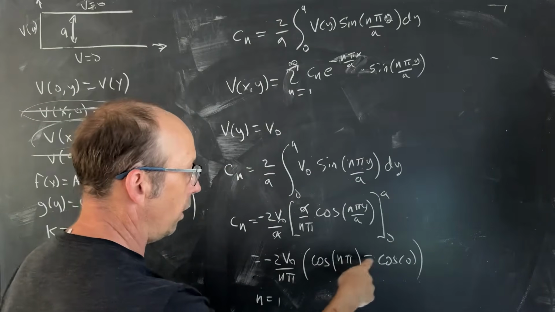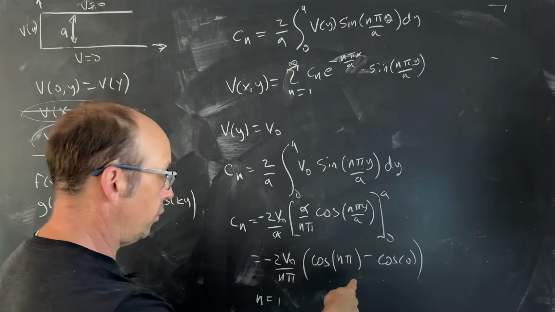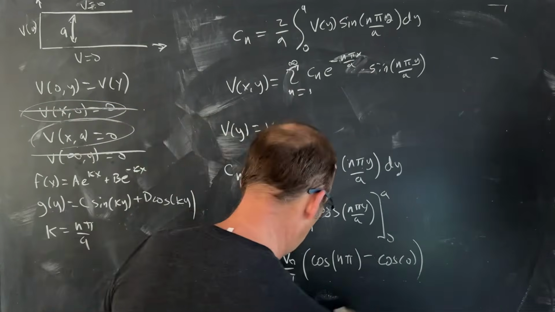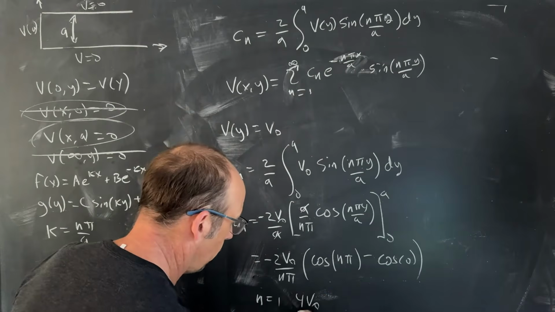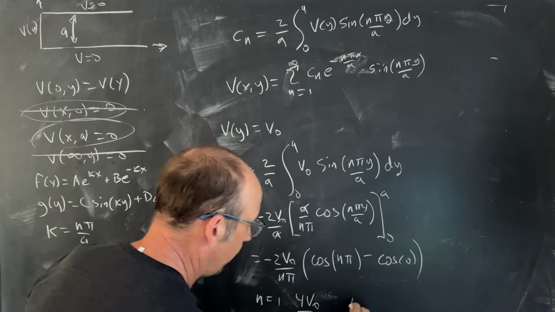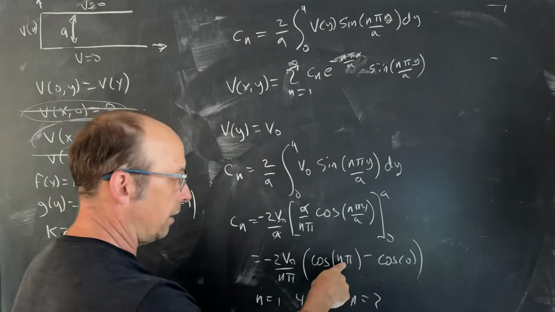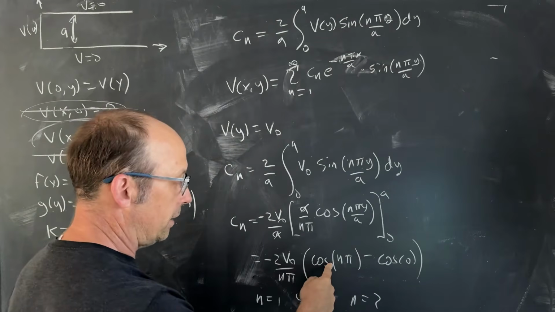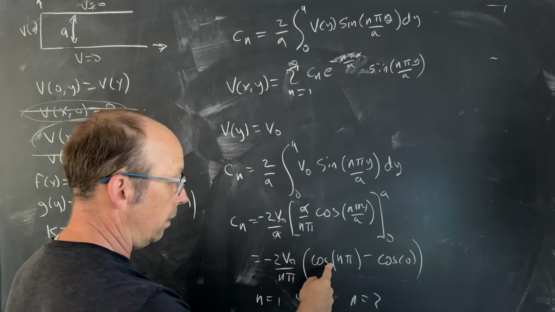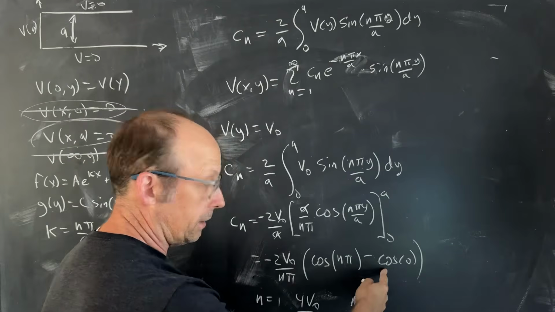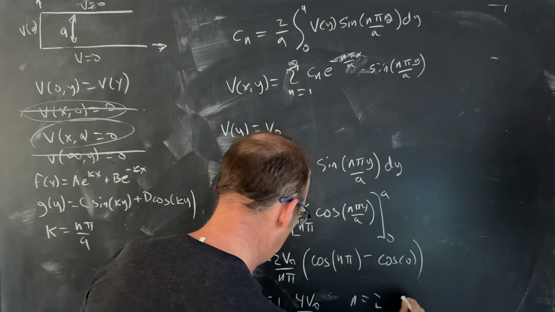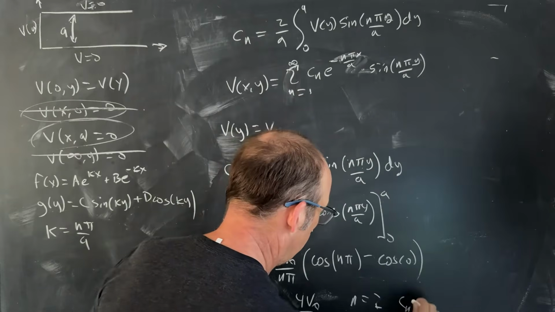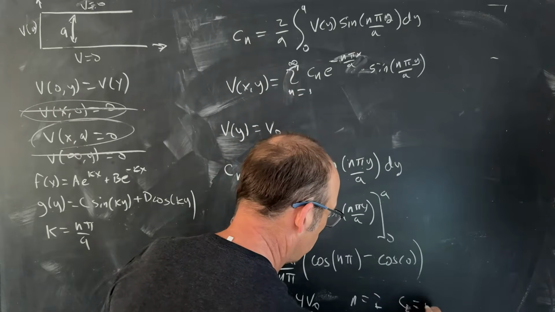So I get negative 1 minus 1, so it's negative 2. So if n equals 1, I get 4 V0 over n pi. If n equals 2, cosine of 2 pi is 1, minus 1, and I get 0.